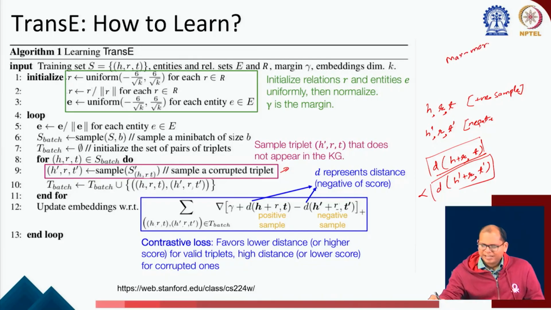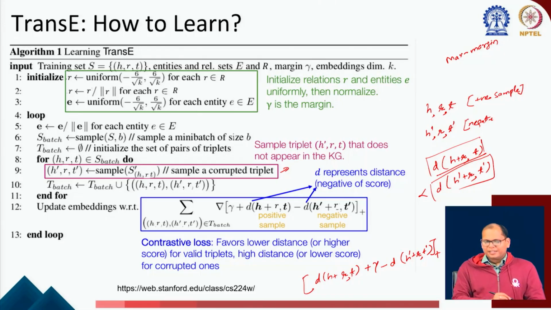So max margin loss is very popular. What you do is create a margin. So you say, okay, my loss function will be the distance of h plus r, t, plus gamma, minus the distance of h prime plus r, t prime, and I'll only consider it if it is greater than 0.